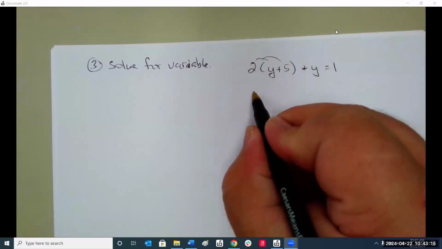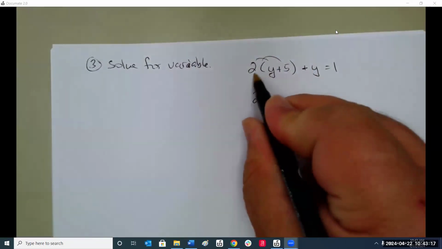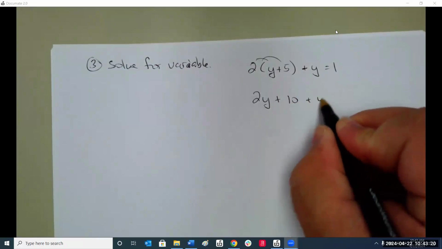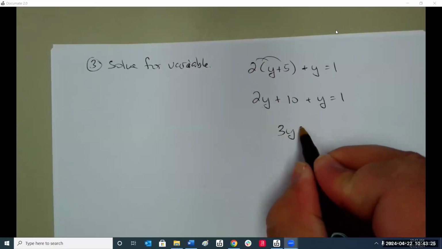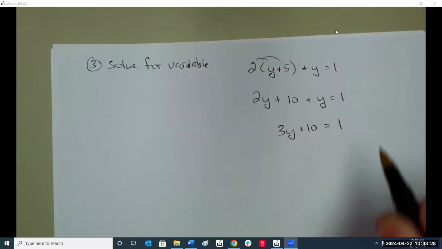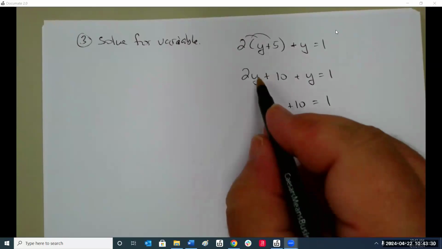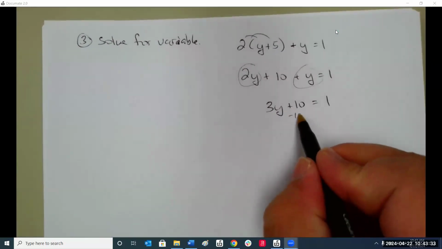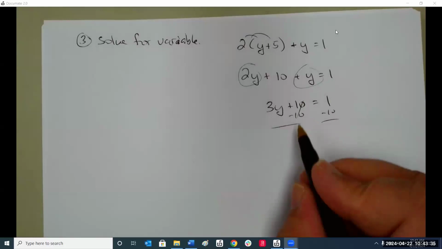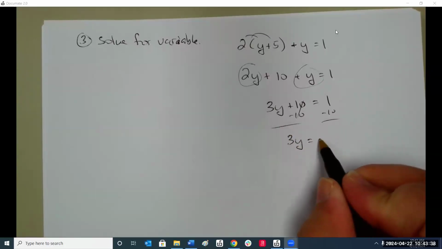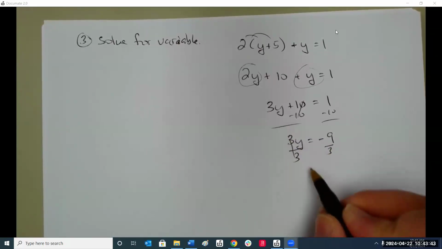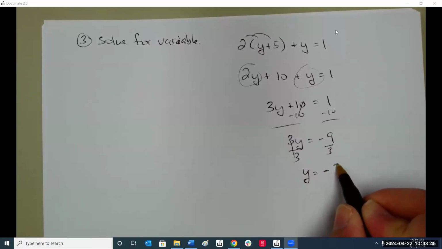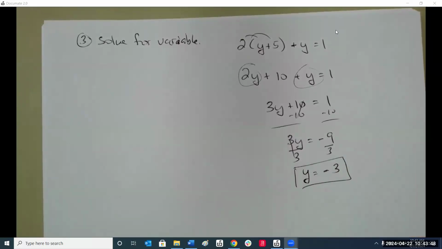You see what you're getting? 2y, 2 times 5 is 10. 2y plus y is 3y. So I combine those two. Subtract 10. 3y equals negative 9. So y is equal to negative 3. So far, so good. That's what our picture said.